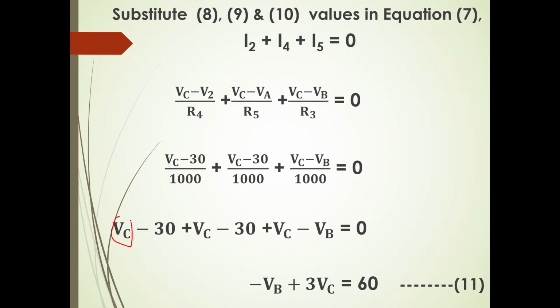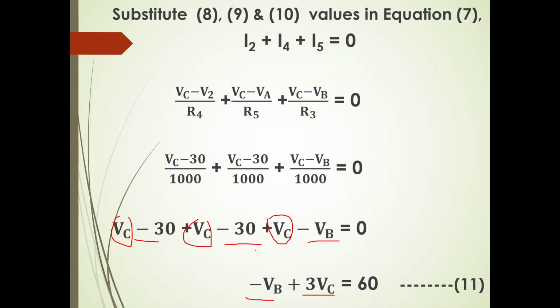Now here one VC is there, another VC, and another VC. All these three VCs are positive. And what else is there? Minus VB and minus 30. So I have written minus VB plus 3 VC, all positive. So 3 VC is equal to minus 30, minus 30. Those two minus 30s you add, you will get minus 60.